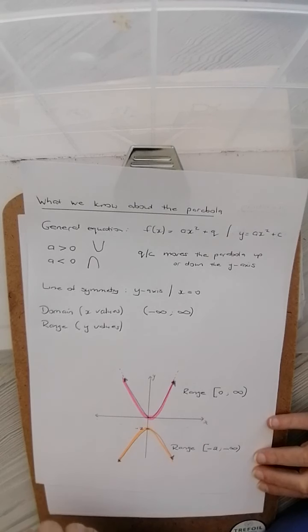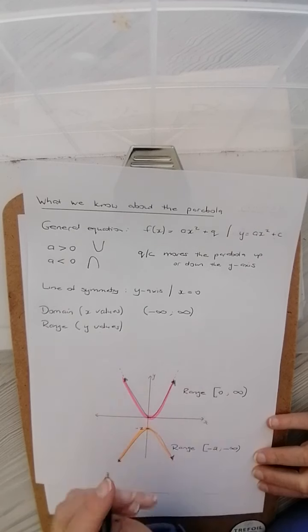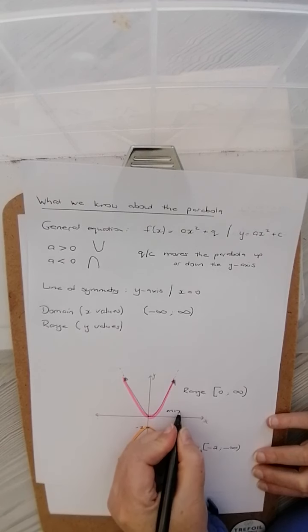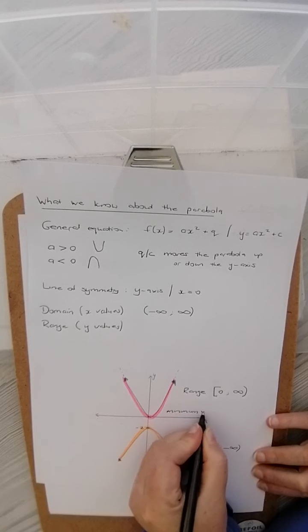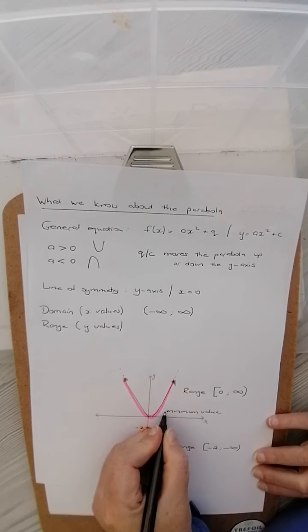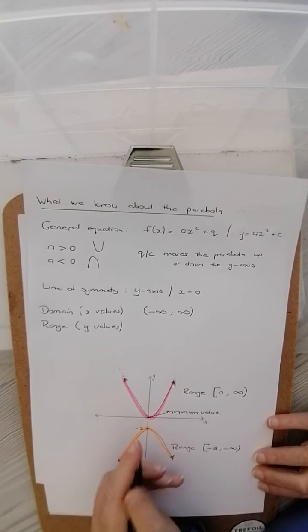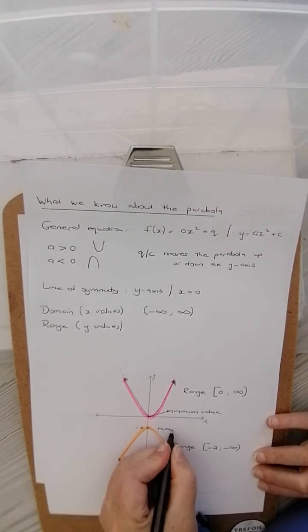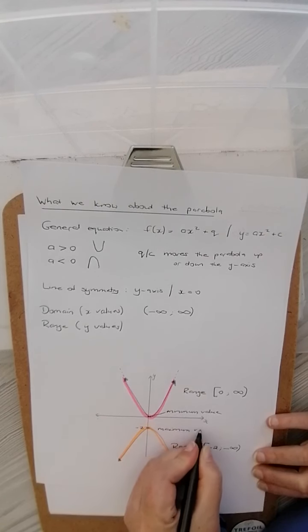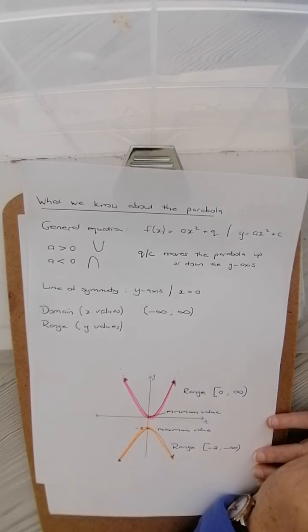When you have a happy graph, you have a minimum value, which is there. And when you have a sad graph, you have a maximum value.